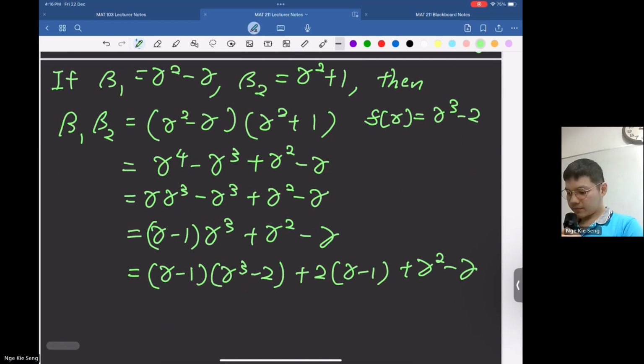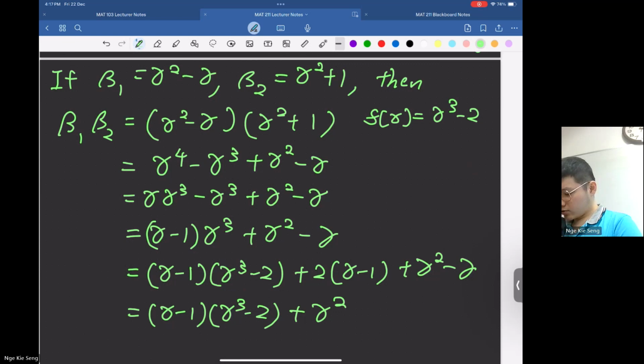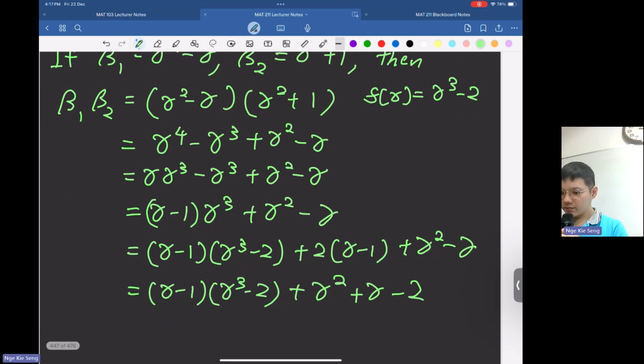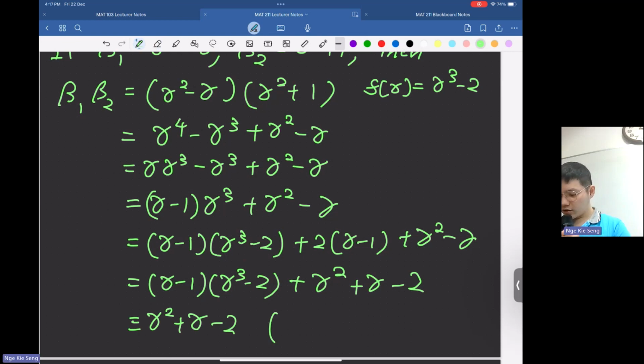Okay. So what do we get? We get plus gamma squared, 2 gamma minus gamma is plus gamma, and then minus 1. Is it minus 1? Or minus 2? Okay, so this means what? So this means beta 1 and beta 2 is equivalent to gamma 2 plus gamma minus 2 modulo, or if we kill, the ideal of gamma cube minus 2.